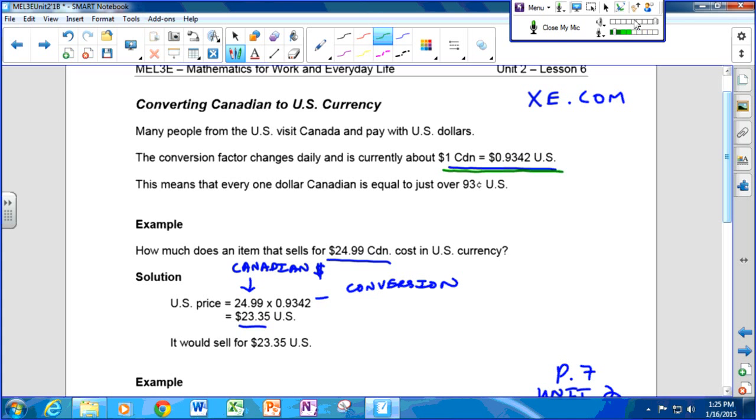If you know what one Canadian dollar is in U.S., then you take the Canadian price, multiply it by the conversion factor, and you end up with U.S. The way to remember that is that you have one Canadian equals some U.S., right? So if you have U.S., you have some U.S. money times U.S.